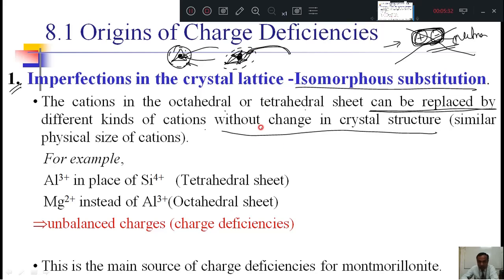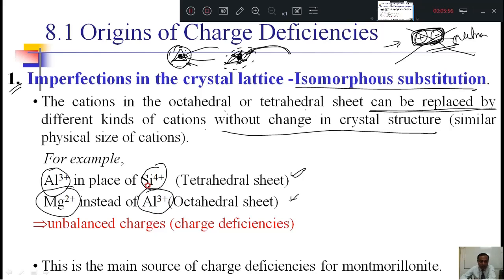That can be done in stabilization or in mixing the soils with other things. For example, if Al3+ is there inside, then that can be replaced by Si4+ in tetrahedral. In octahedral, what happens? If Mg2+ is there, that can be replaced by Al3+.